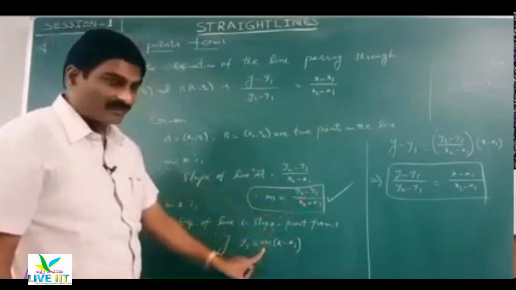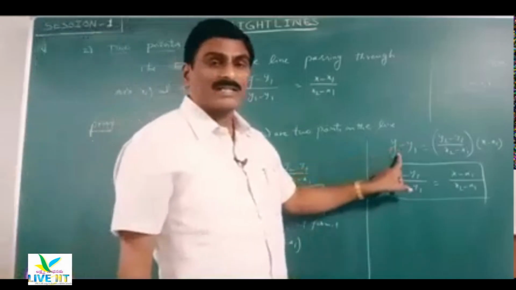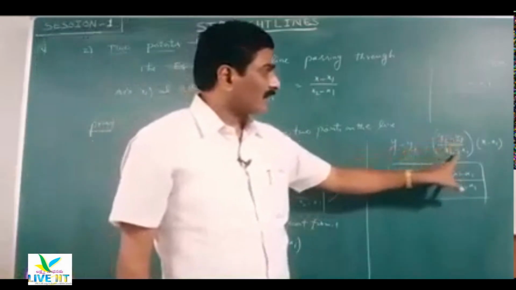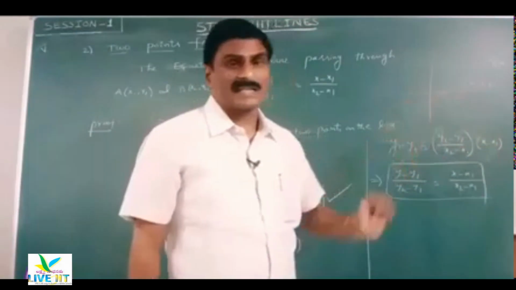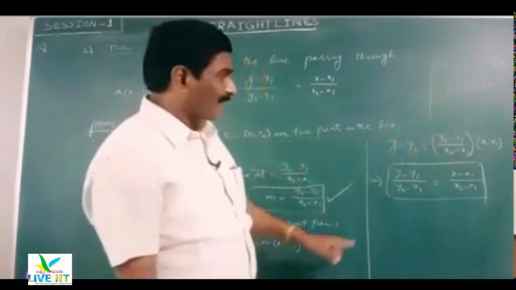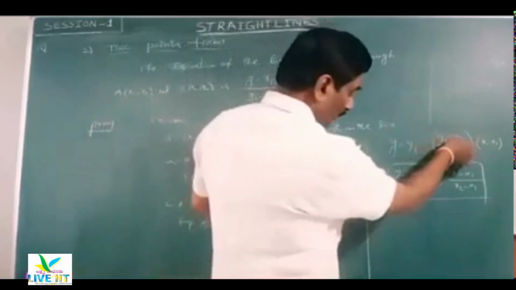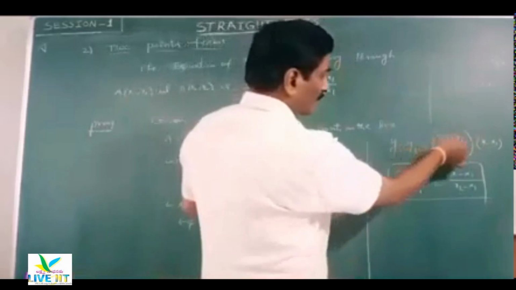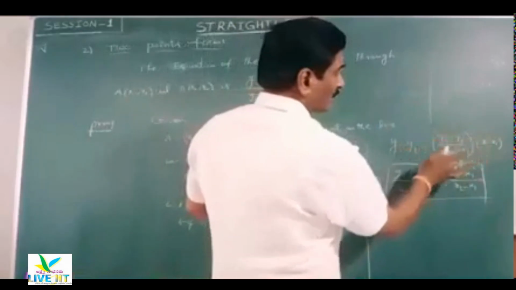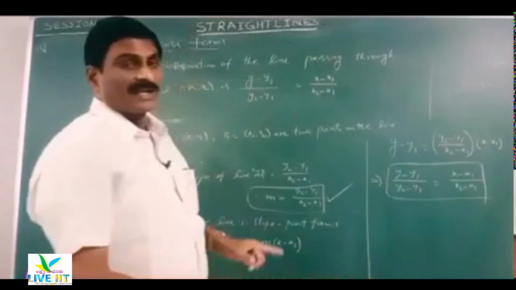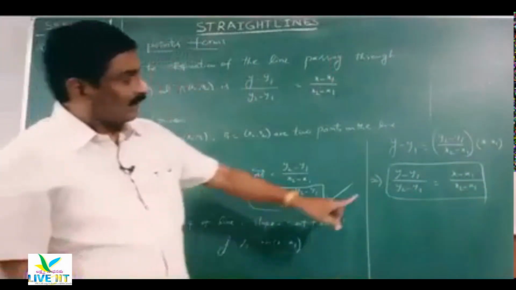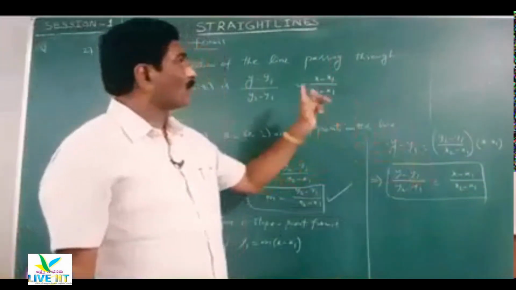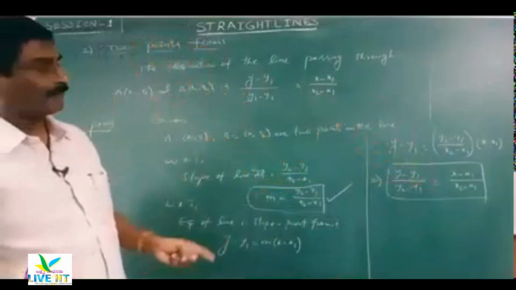Substituting, y minus y1 is equal to y2 minus y1 by x2 minus x1 into x minus x1. Move y2 minus y1 to the LHS: y minus y1 by y2 minus y1 is equal to x minus x1 by x2 minus x1. It is the required equation of the line when two points are given.